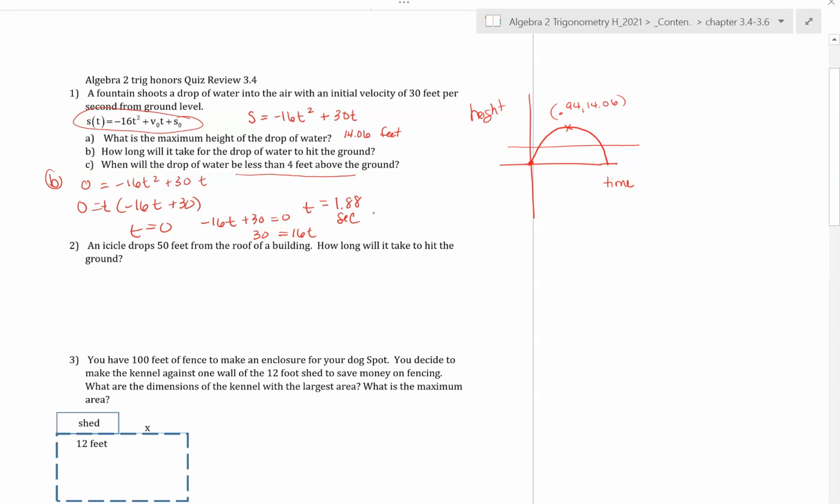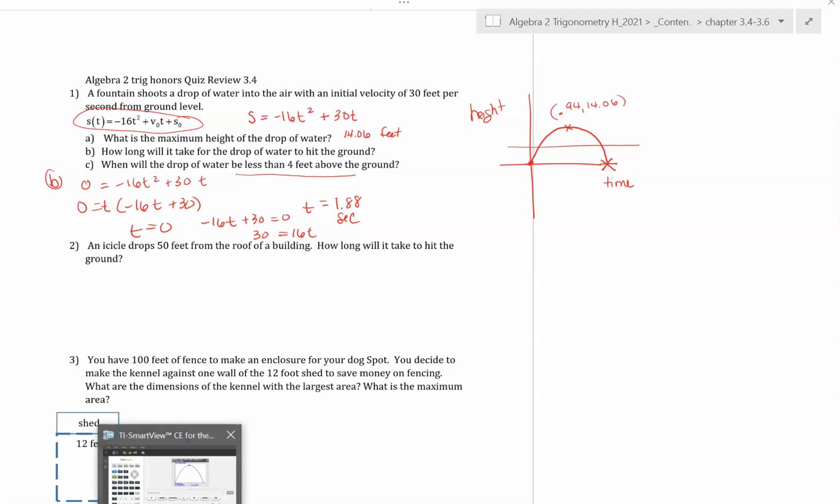Or you could have also found this point here with the calculator. So let's practice doing it that way.